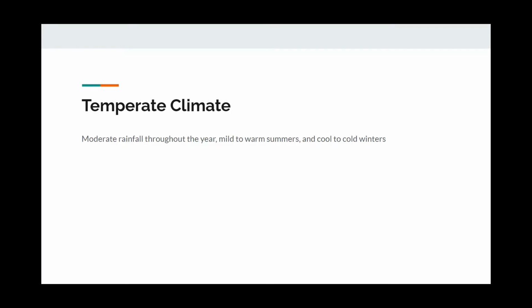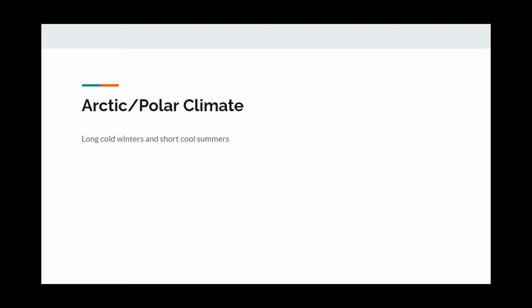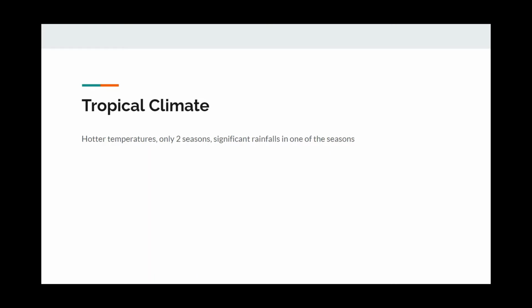Arctic/polar climate has long cold winters and short cool summers. And then tropical climate has hotter temperatures, only 2 seasons, and significant rainfalls in one of the seasons.